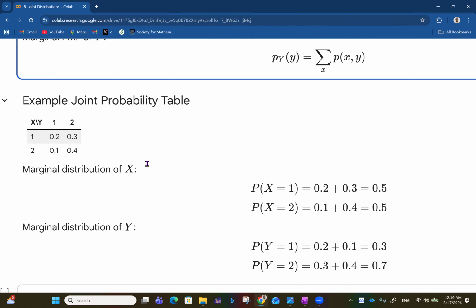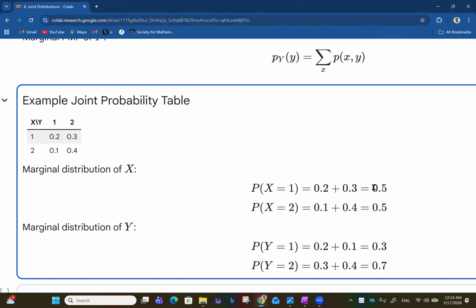So the marginal distribution of x now will be the probability that, so it is the distribution of x, right? So the probability that x is 1 in this case will be you sum it over y. So that'll be 0.2 plus 0.3, you get 0.5. The probability that x is equal to 2, you have 0.1 plus 0.4, that'll be 0.5. So that's what you have in that case.